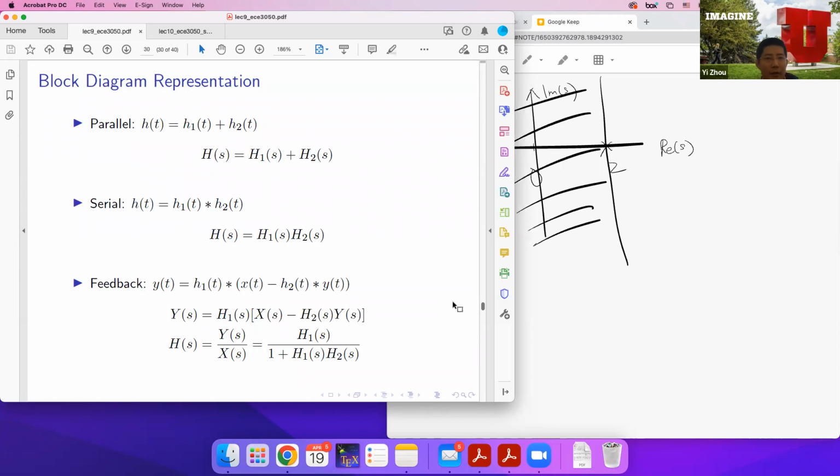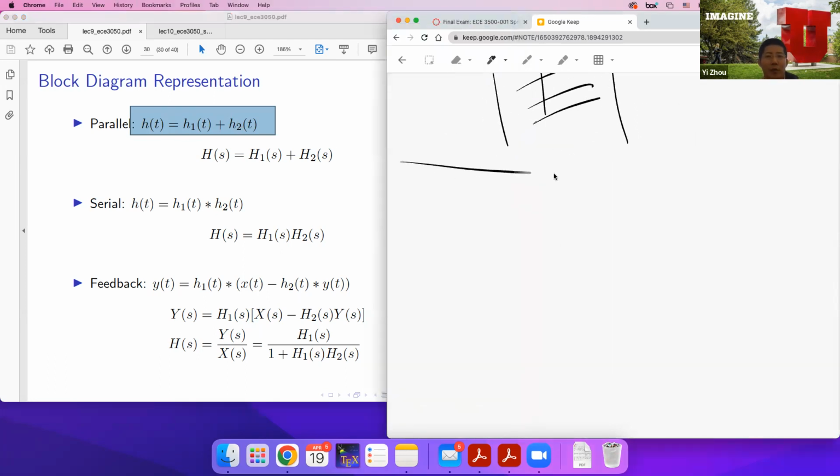I think we have mentioned this in the previous lectures. These are block diagram representations of a system, and I think we can quickly go over this. If you have a parallel system with H1 and H2, they are added up and become H(t).